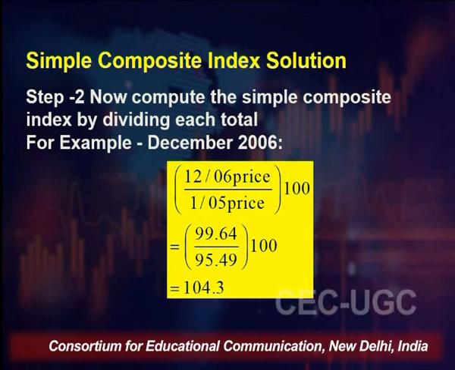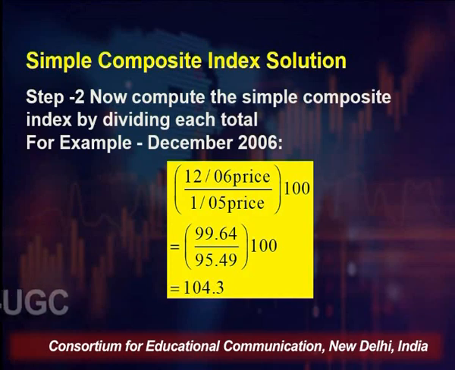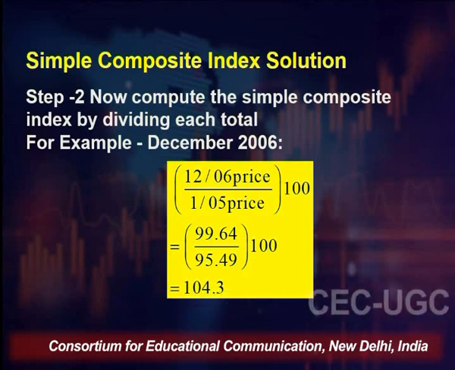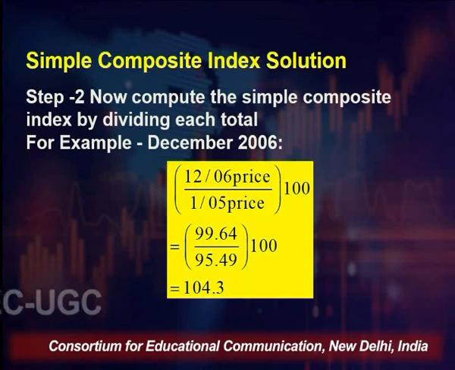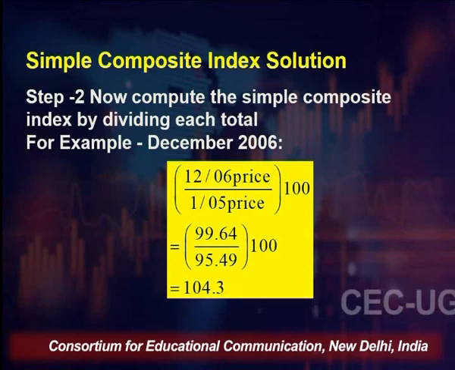My dear learners, do remember it is a composite value, and this composite value of the current year is divided by the composite value of the base year and multiplied by 100, and it gives me a value of 104.3. So this 104.3 is basically my simple composite index. So we have computed it.